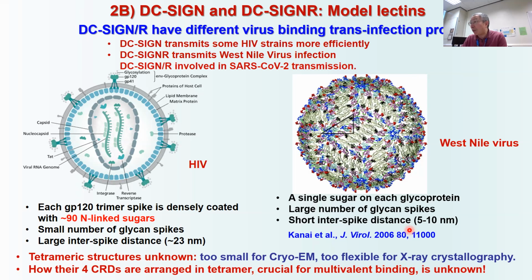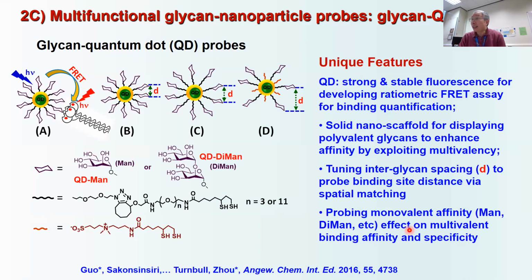And this kind of information is really important if we want to develop multivalent sugar ligands to target them specifically. So in this case, we have first turned our attention to quantum dots. Why quantum dots? As I mentioned briefly, quantum dots have strong fluorescence, so we can coat the quantum dot with sugar and then use its fluorescence as a FRET readout.